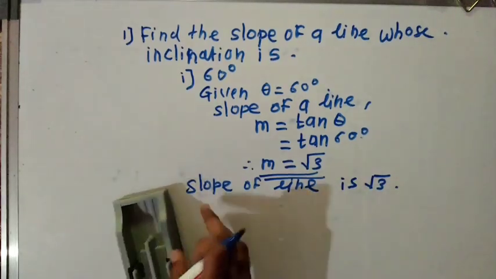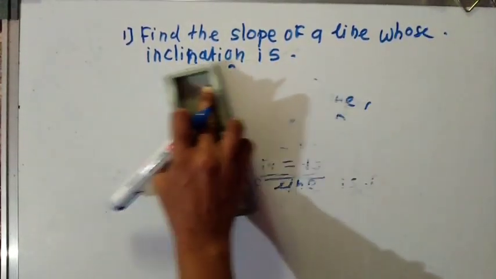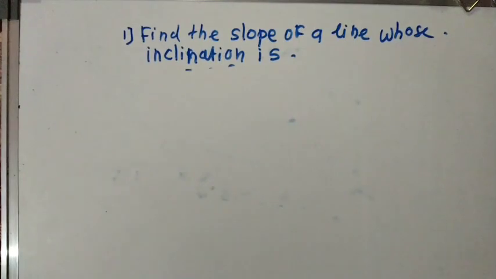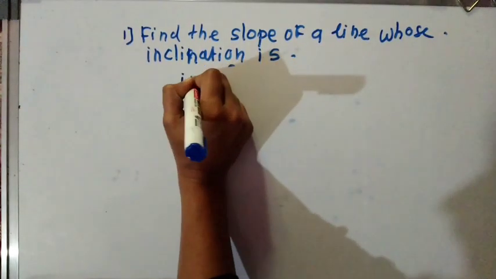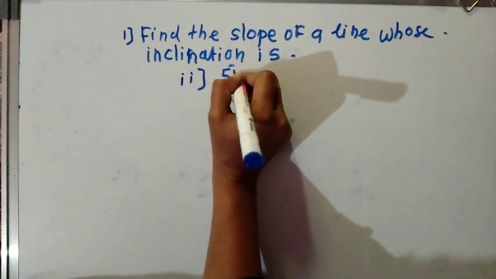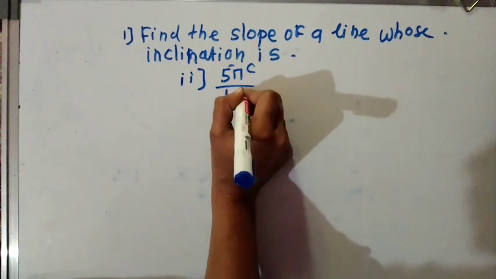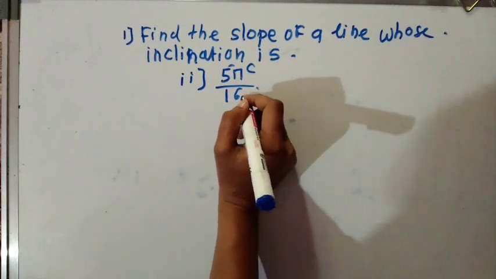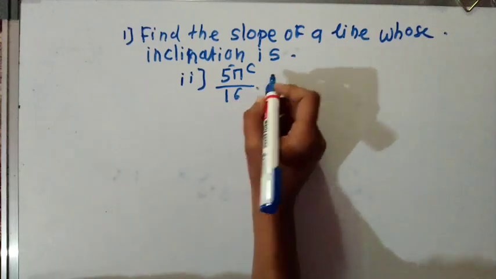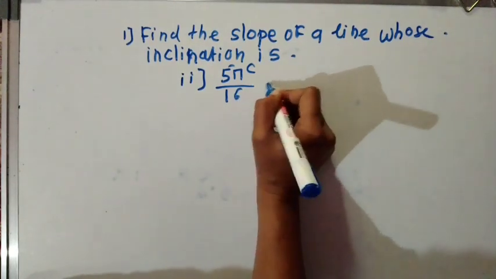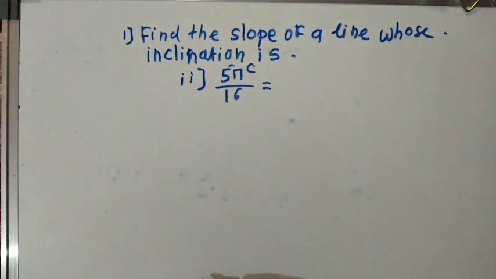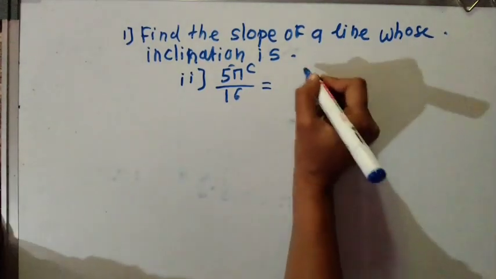Then we give second example. The inclination is 5 pi upon 6 radian. Then we convert this into degrees.